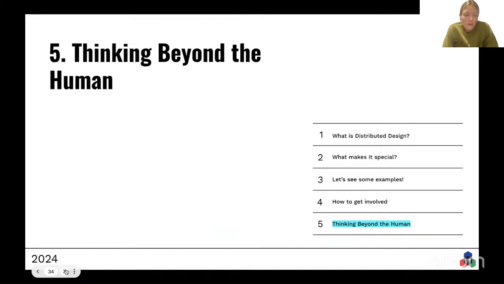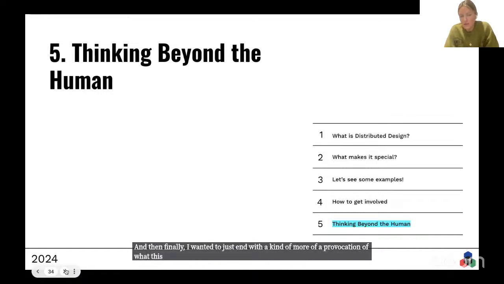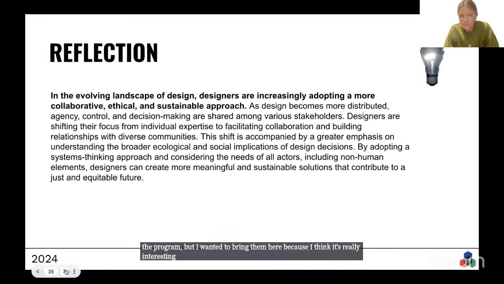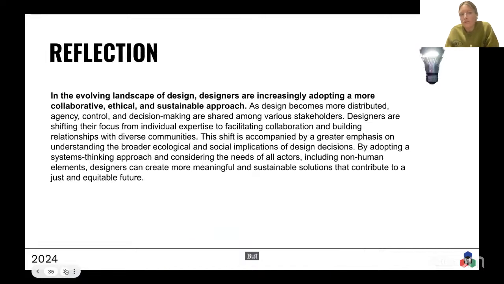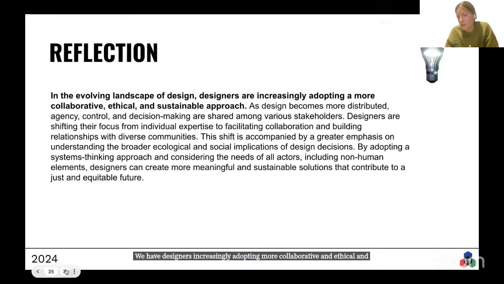And then finally, I wanted to end with more of a provocation of what this field of distributed design does to the wider field of design thinking. I think you're going to touch on these topics as you go through the program, but I wanted to bring them here because I think it's really interesting that as we evolve this landscape of design, we have designers increasingly adopting more collaborative and ethical and sustainable approaches to design.